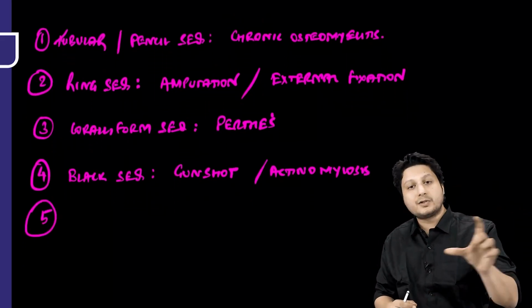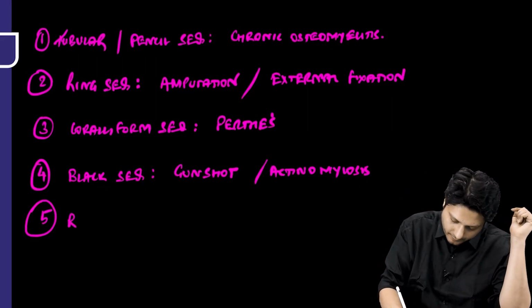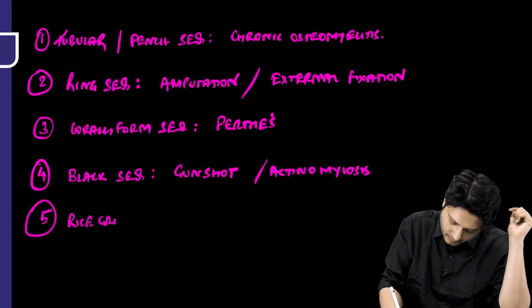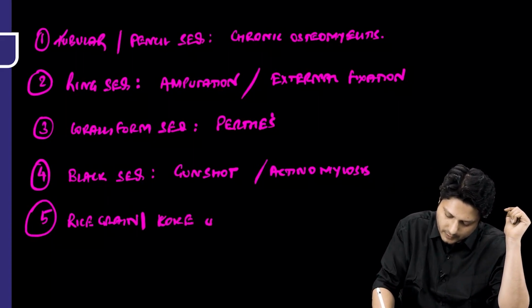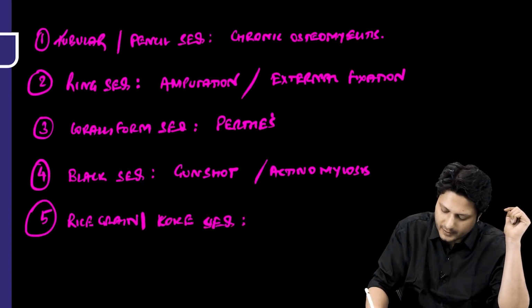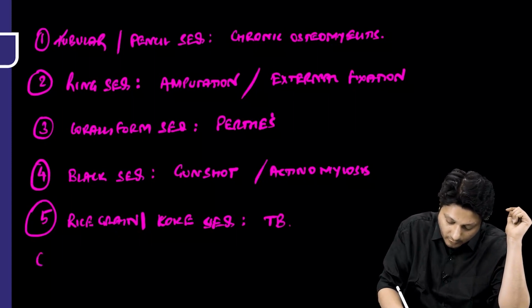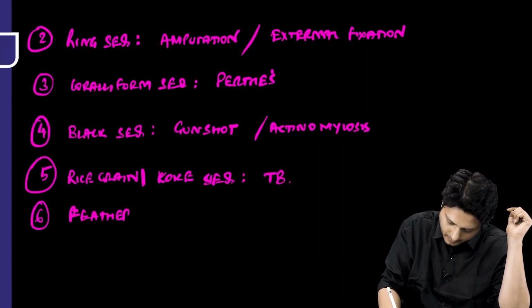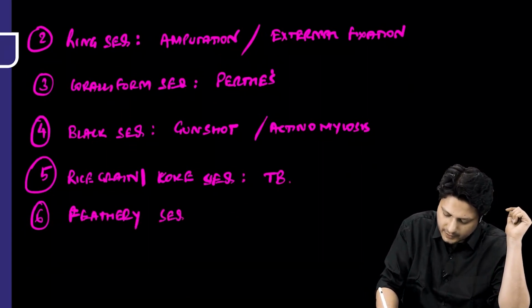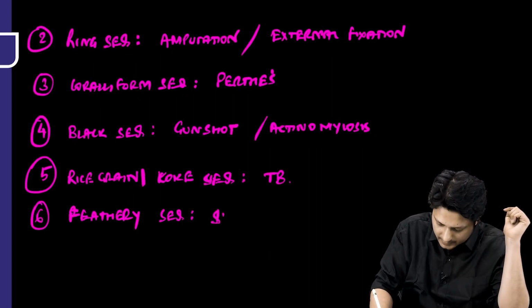Then there is the rice grain or coke sequestra, which is considered to be a feature of tuberculosis. Then we have feathery sequestra, which is a feature of syphilis.